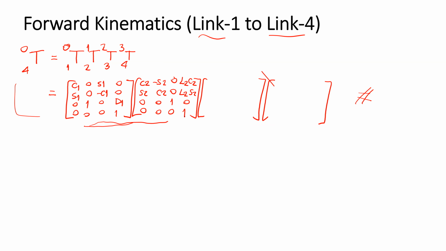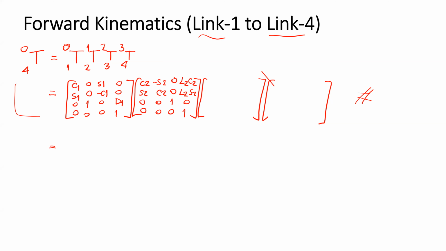Sometimes you make a pair of this and a pair of this, and you obtain the product of the total one. But my suggestion for this class, for this process, is that it's better to do it by order.